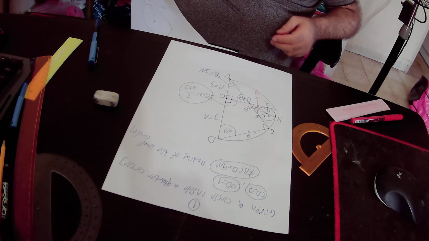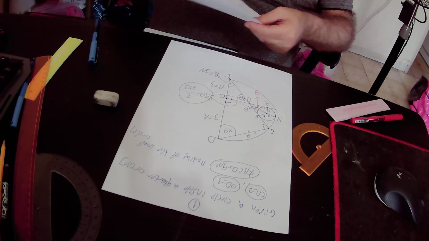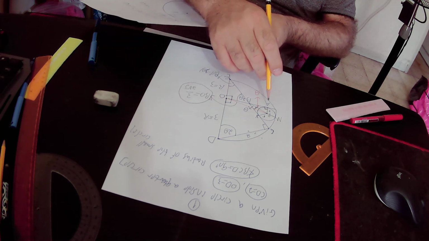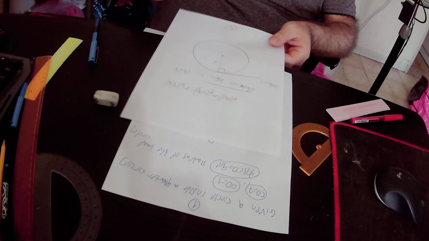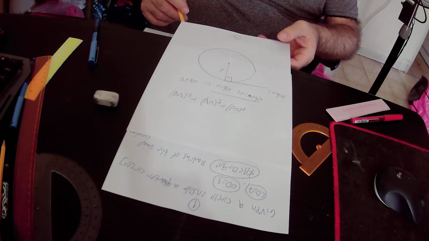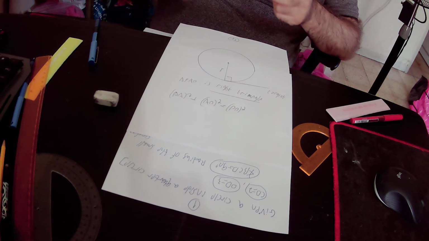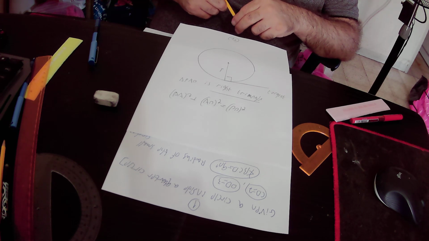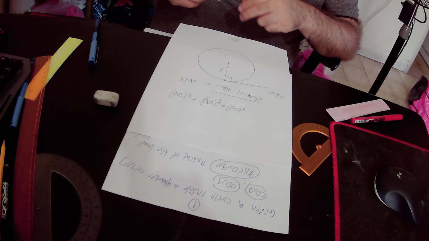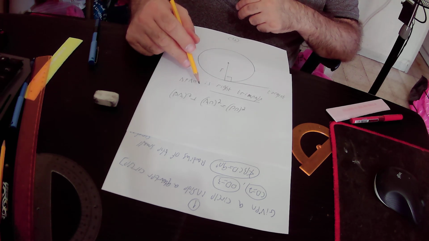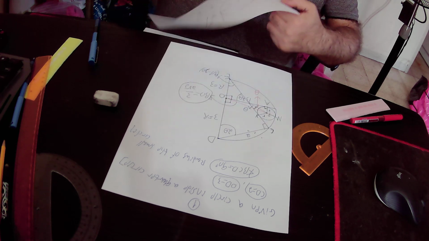Again, triangle PAO is a right triangle because it has an angle that equals 90 degrees. Therefore, according to the Pythagorean theorem, PA square plus AO square equals PO square.